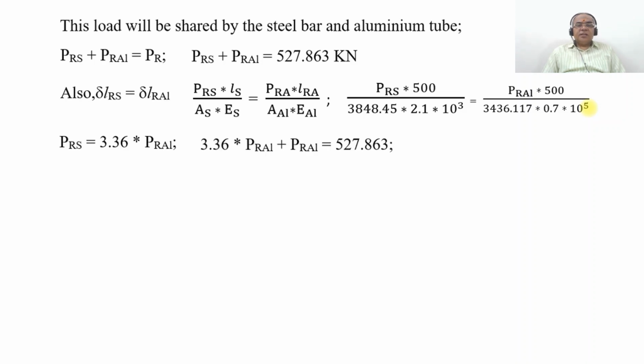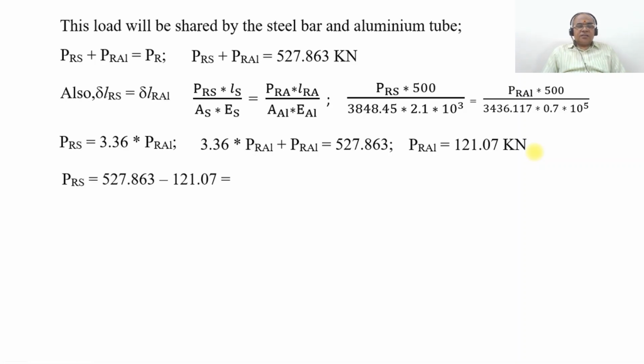Since PRS is 3.36 into PRAL, you substitute the value of this in this equation, that is 3.36 into PRAL plus PRAL is equal to 527.863. On simplification, you will get the remaining load on the aluminium equal to 121.007 kilonewton.